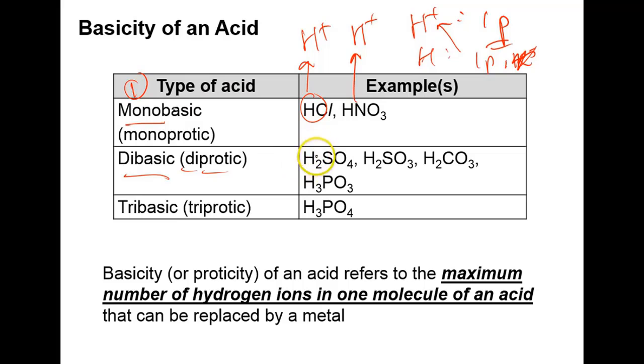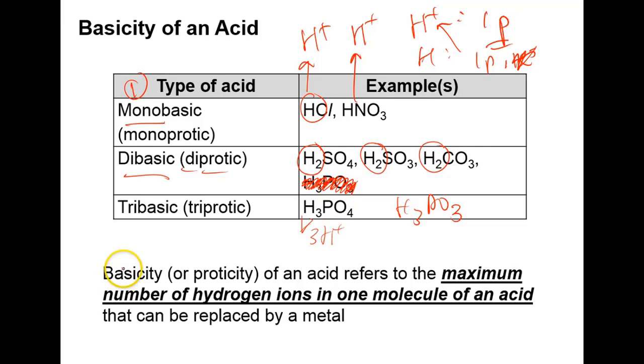So you notice each molecule, when fully dissociated, can give us 2 H plus. Okay, so tribasic acids or triprotic acids, H3PO4, H3PO3, when they dissociate, they will give us 3 H plus ions each.